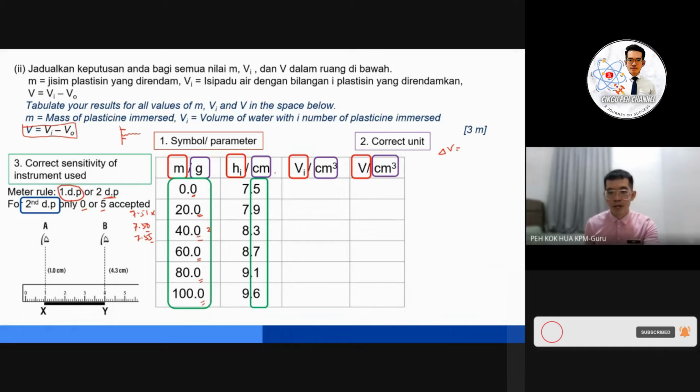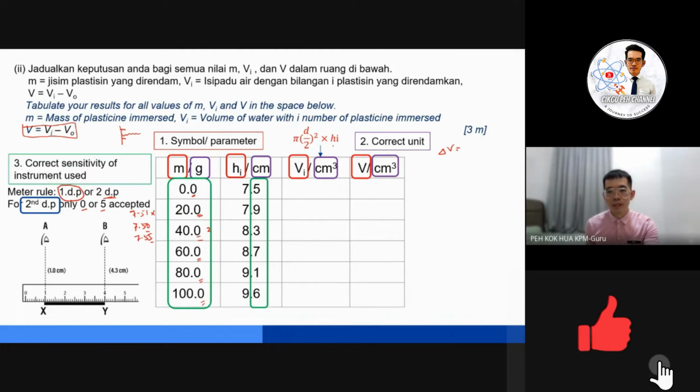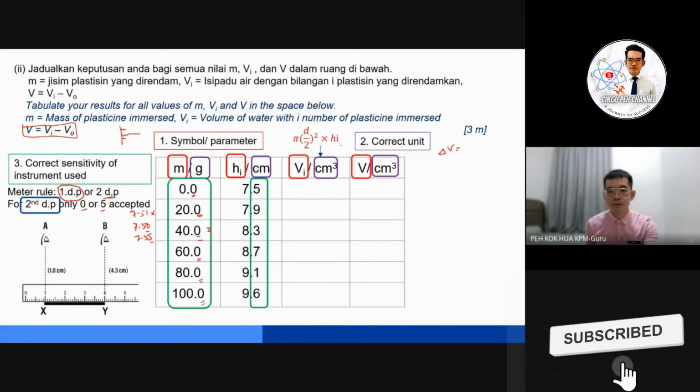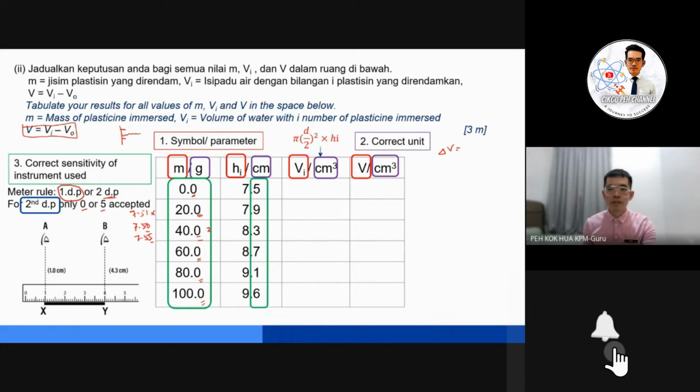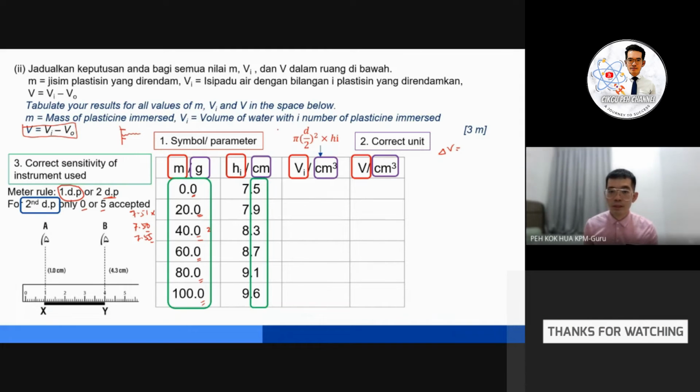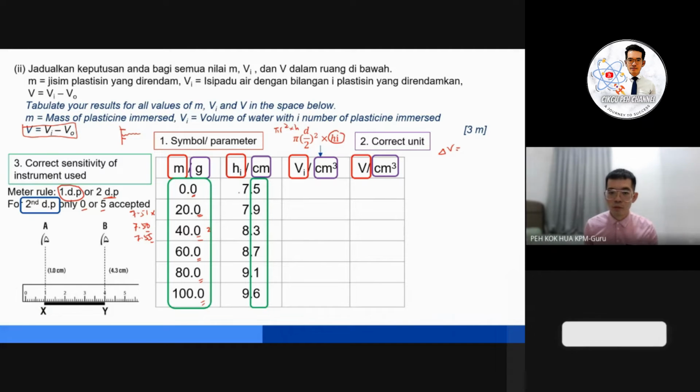Okay, so for Vi, you use the formula stated in the procedure, which is pi r squared times h. The h here is referring to the height of the water level. I can show you one example where we place 1 plasticine into the glass jar, so the water height will be 7.9.